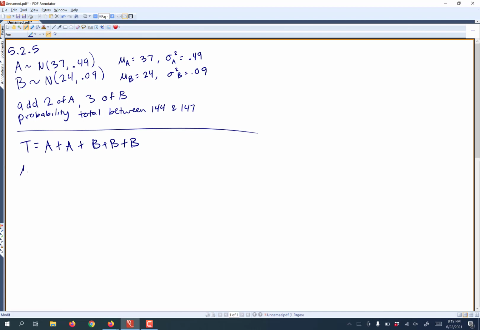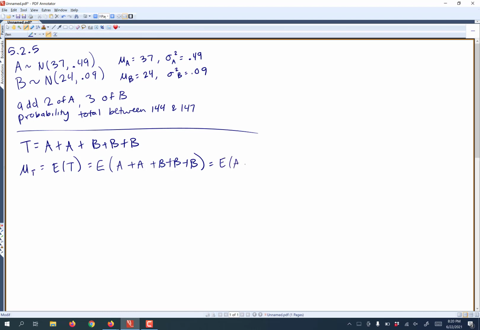So let's find the mean of T using our rules. This goes back to everything we learned in section 2.6. If we want the expected value of A plus A plus B plus B plus B, we can just add each expected value, right?